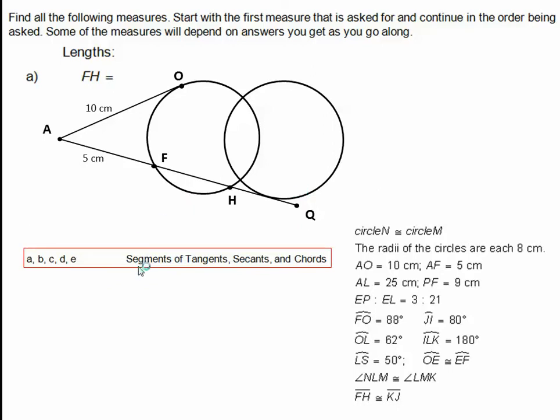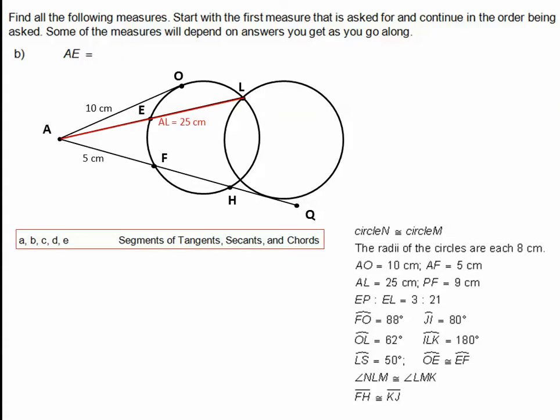So what you're going to have to study is the segments of tangents, secants, and chords. And look here how I went ahead and plugged in the information that I was given. And that information is going to help me find segment FH, which is right here. Okay? But remember, for parts A, B, C, D, and E, you're going to need to study segments of tangents, secants, and chords.